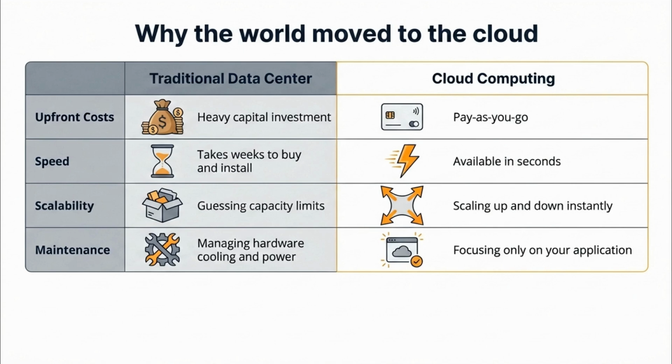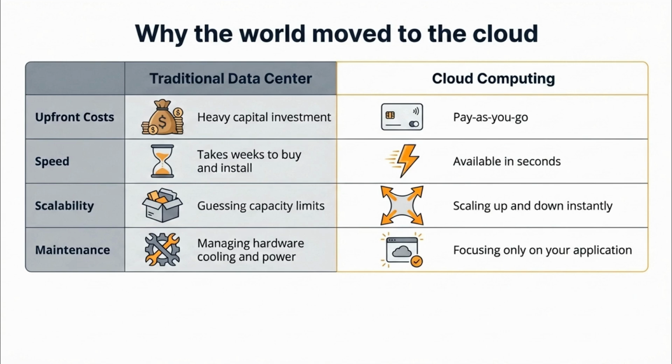When it comes to scalability, in a traditional data center you keep guessing capacity limits. But in cloud computing, you are scaling up and down instantly. The last one is maintenance. In a traditional data center, you keep managing the hardware, cooling, and power, that is the electric consumption needed to run those data centers, and the GPUs which might be running in those data center computers.